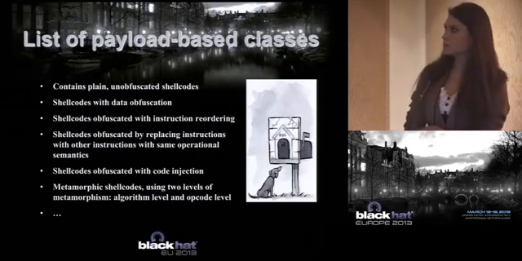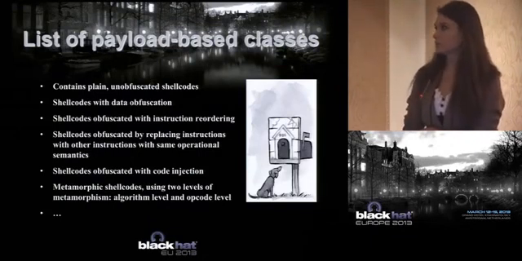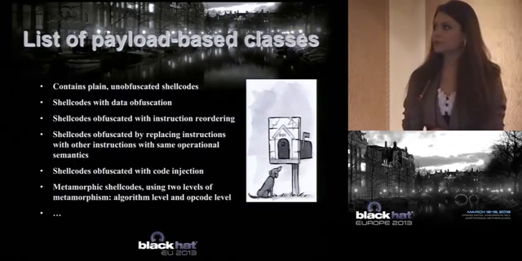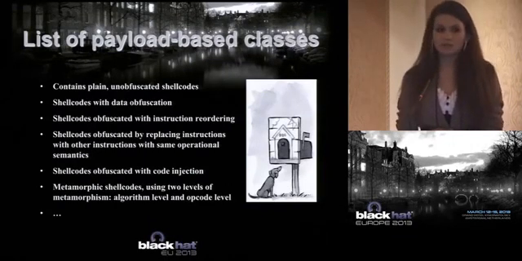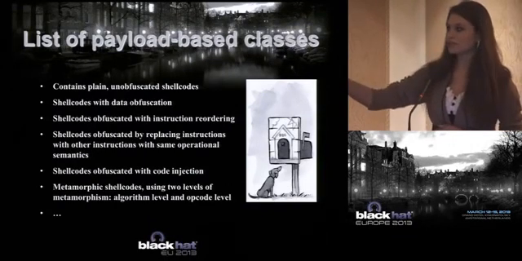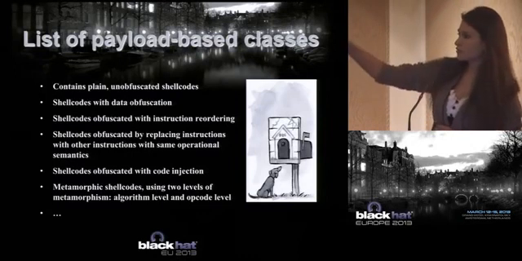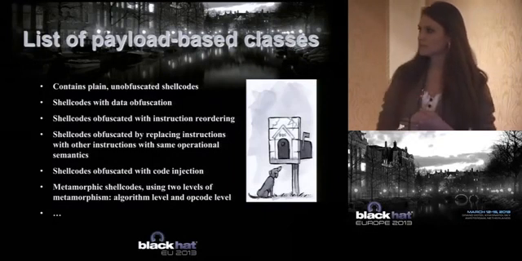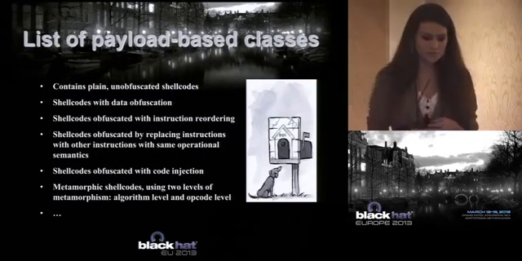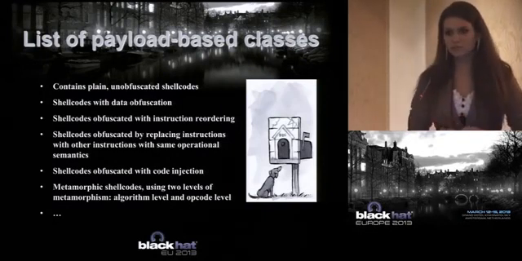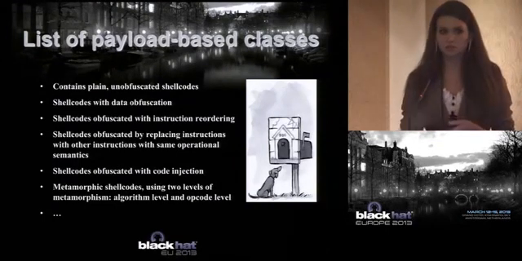Well, here is an example of payload-based classes. We could have plain unobfuscated shellcodes, and shellcodes with different obfuscation. The first five bullets stand for polymorphic obfuscation of shellcodes. It's interesting also to consider metamorphic shellcodes, which provide two levels of obfuscation.